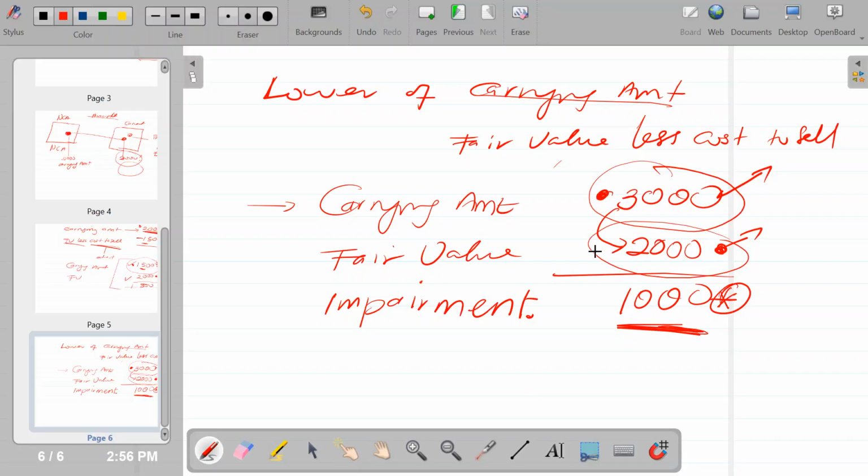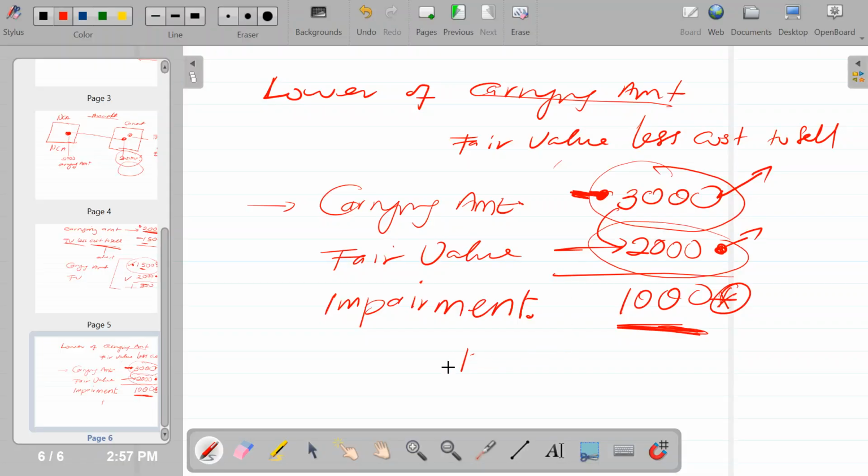But in that case, there's no impairment, because impairment usually occurs when what we have stated in our books, we are not going to get. So the carrying amount is what we have stated in the books, and if we are going to get less than what we have stated, then it's impairment.